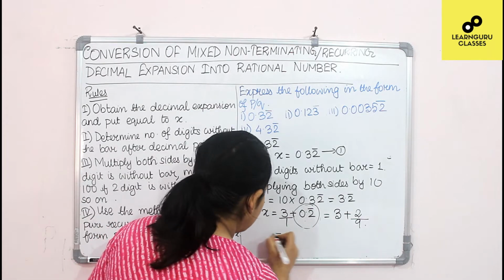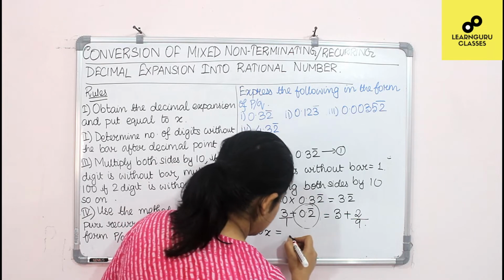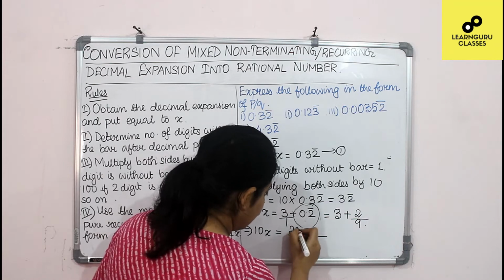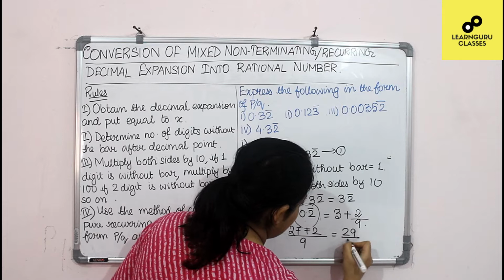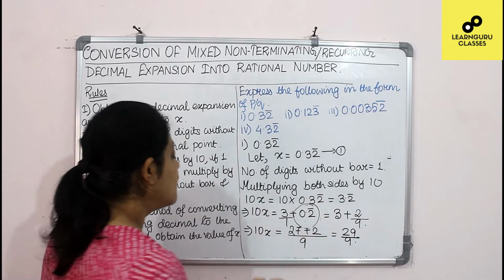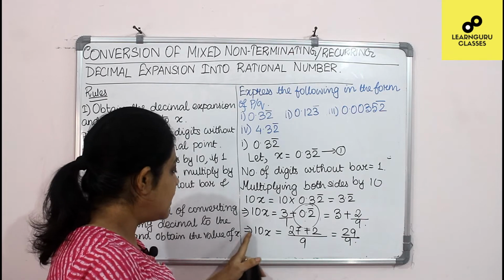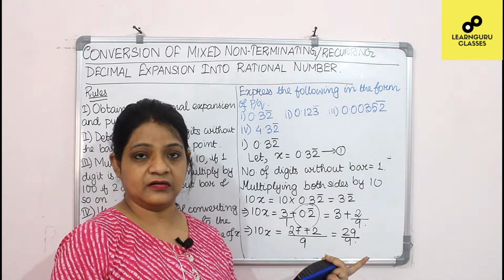So just write it as 10x equal to, 9 is the LCM, 9 3s are 27 plus 2. So you are getting 29 by 9. Okay, so x will be how much? The coefficient of x is 10. So 10 you will just simply shift to the denominator, isn't it?